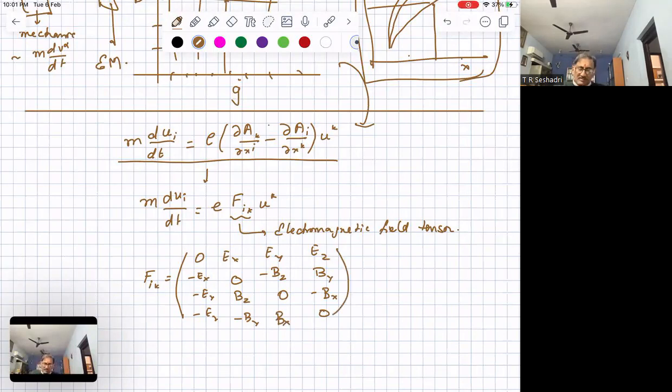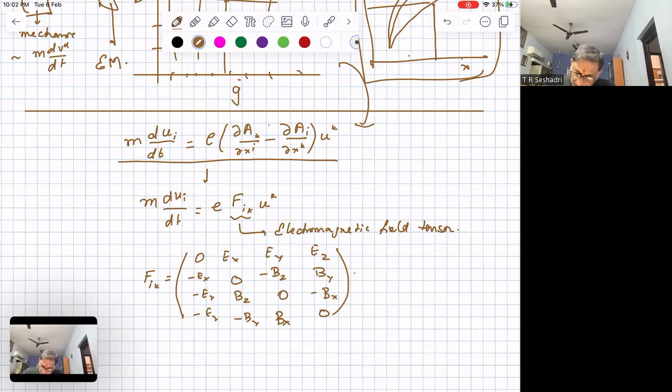You have come across this, right? Yes, in electrodynamics. So basically you get back your electromagnetic equation using this formalism.